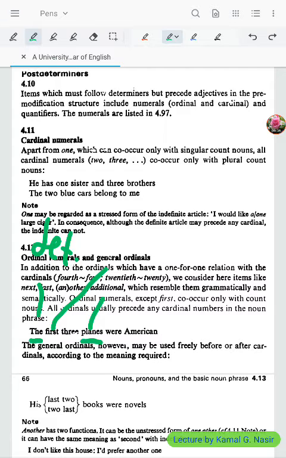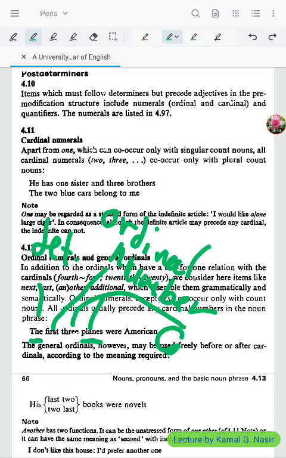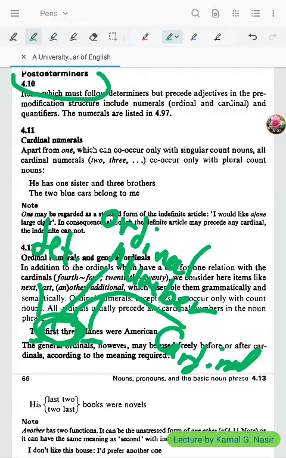First is what? An ordinal number or ordinal numeral. 3 is what? Cardinal numeral. Both of them, 3 and first, are post determiners.